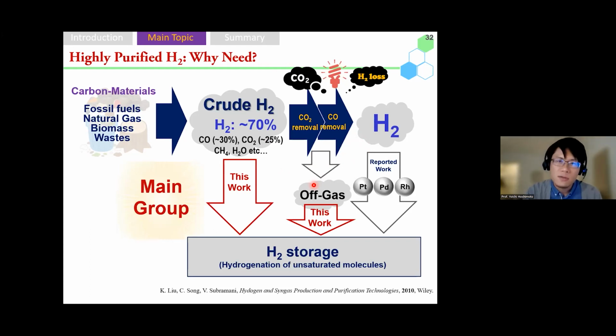Against these situations, we envision the direct use of crude hydrogen for the hydrogenation of unsaturated molecules. If this is achieved, we could completely bypass these problematic purification processes. To this end, we need CO and CO2 tolerant catalysts, and we thought it should be possible by using main group elements.